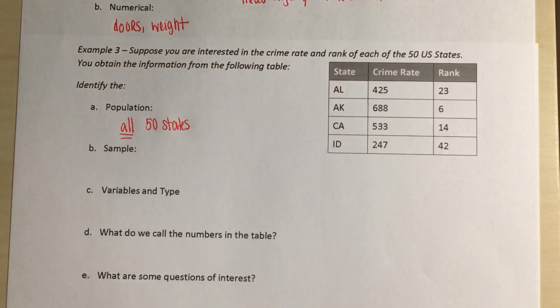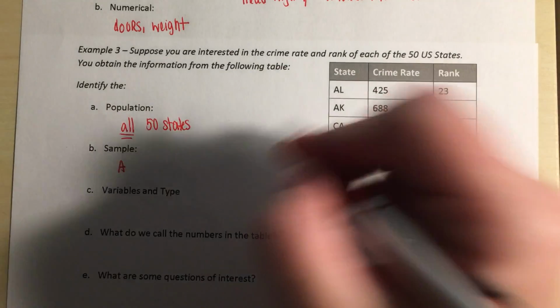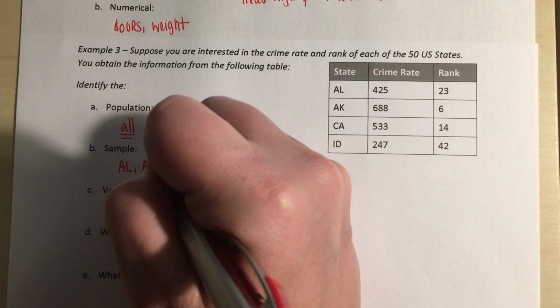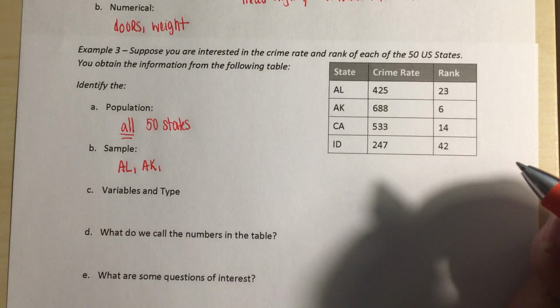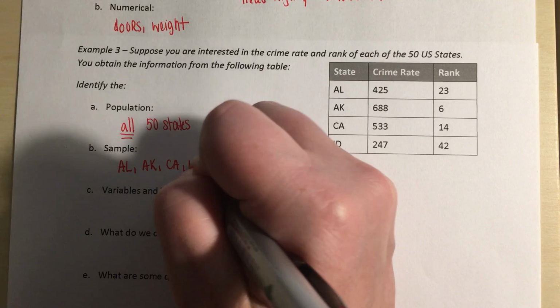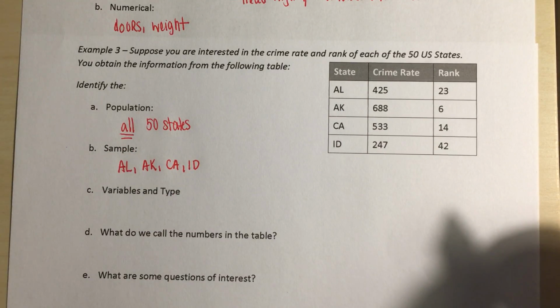Our sample is going to be the states that we have in our table here. We have 4 states: Alabama, Alaska, California, and Idaho. So our sample is a smaller subset of this group.